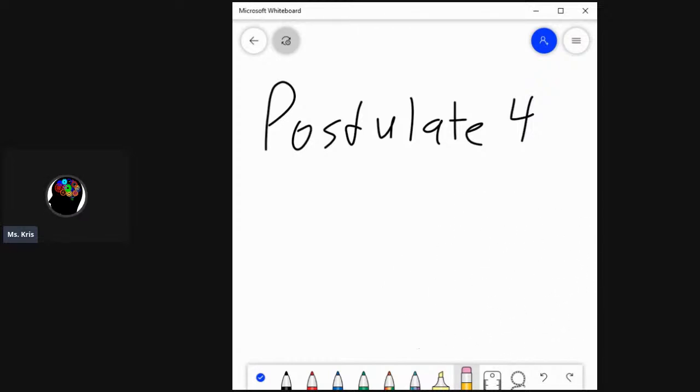Now, postulate 5 says that through 3 non-collinear points, meaning I have a point here, and a point here, or your point can be anywhere, but it has to be non-collinear, meaning that they do not all connect on the same line.